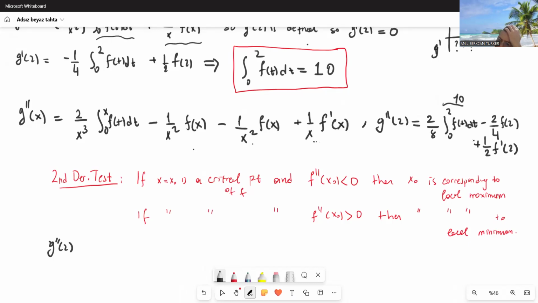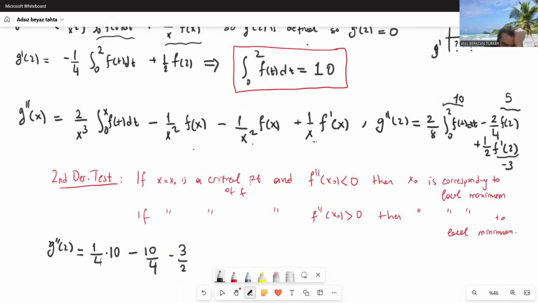When you plug them in and sum them up, you get 1 over 4 times 10 minus 10 over 4 again, so this is also 10 over 4. So I get minus 3 over 2, minus 3 over 2.